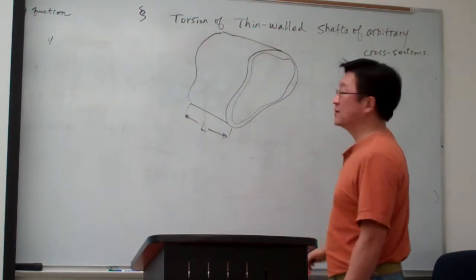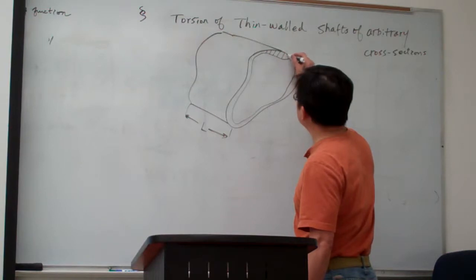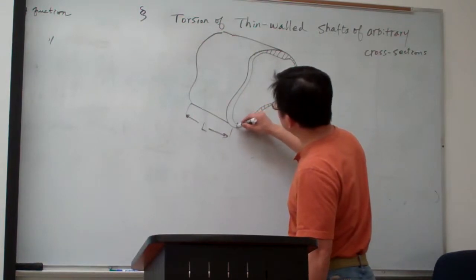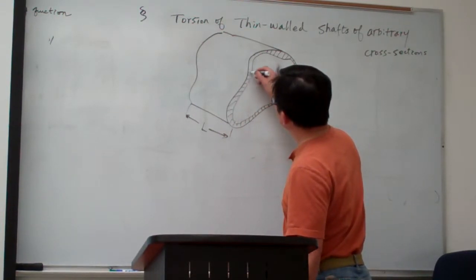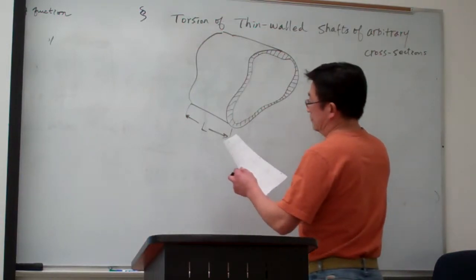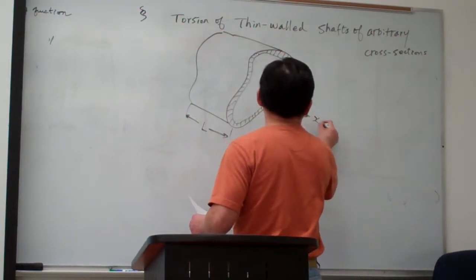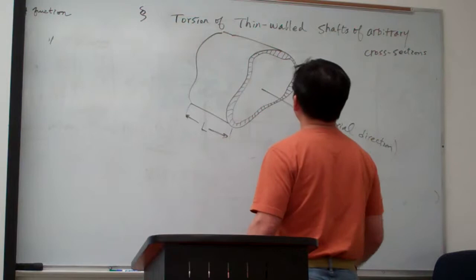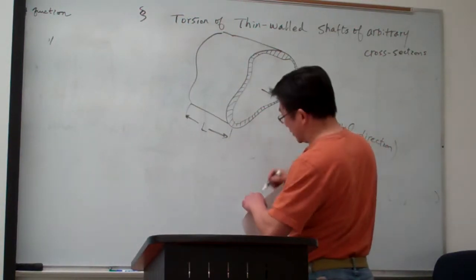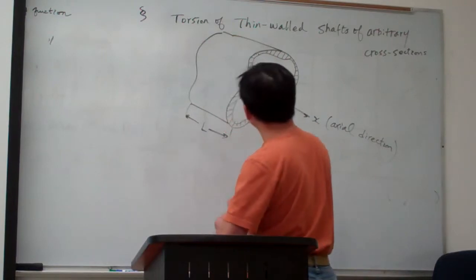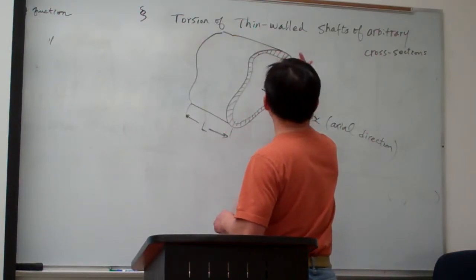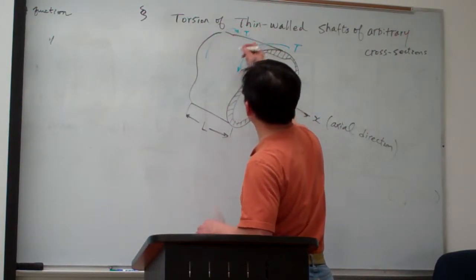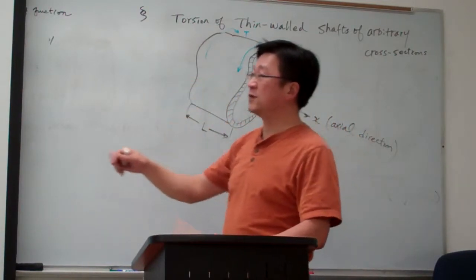So here I emphasize like this. Here that is the thickness. So x is the axial direction, and if we apply the torsion here, again the torsion is in a similar fashion like that one.